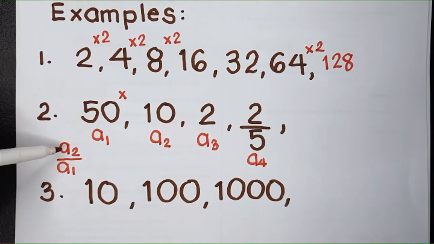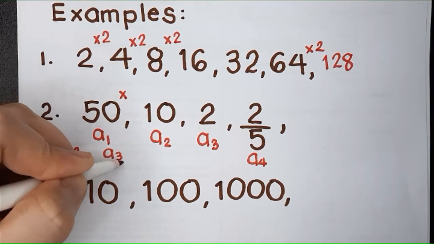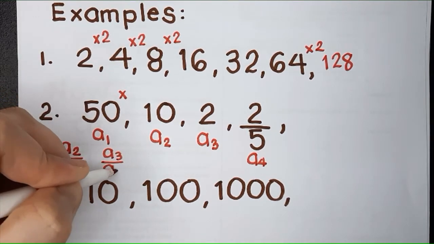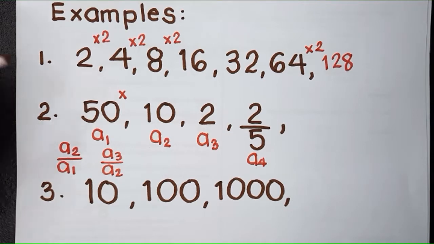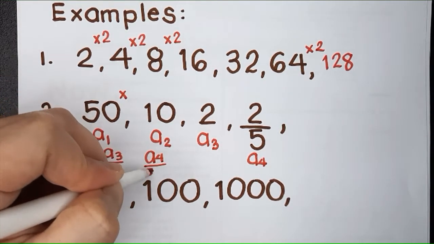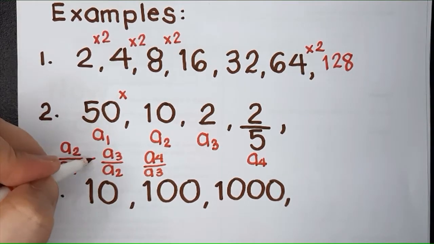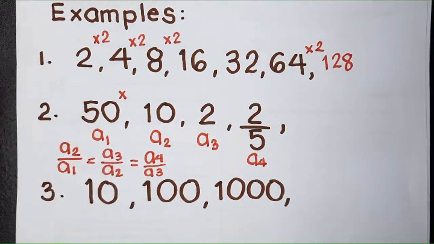Okay? You have a sub 2 divided by a sub 1. You may also want to get a sub 3 divided by a sub 2. You may also want to get a sub 4 divided by a sub 3. And you know what? You will get the same value.